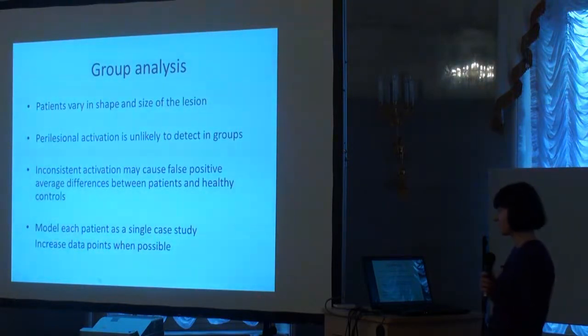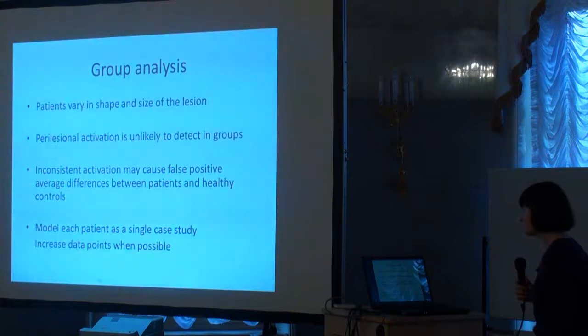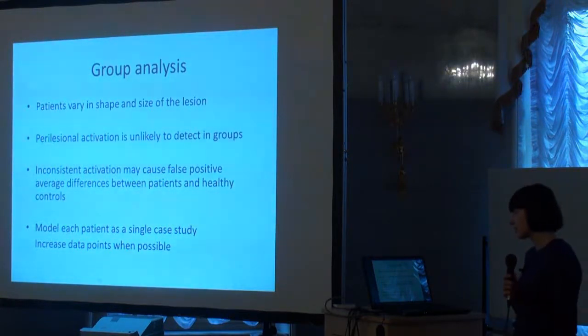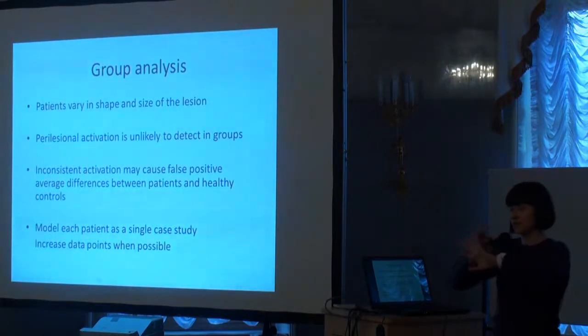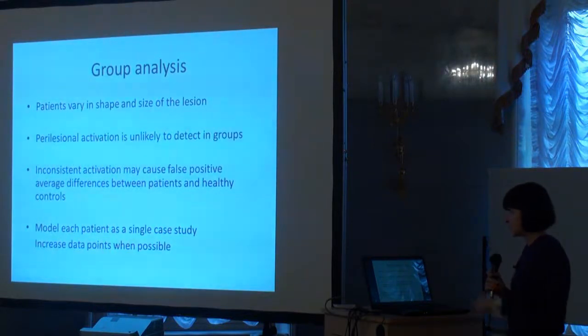It's like fingerprints. This is why perilesional activation is very unlikely to be detected in groups of patients. Lesions are different in shape and size a little bit. So when you do group statistics, there is not enough statistical power for activation in the regions where lesions do not overlap. So you just don't get perilesional activation because of this fact.